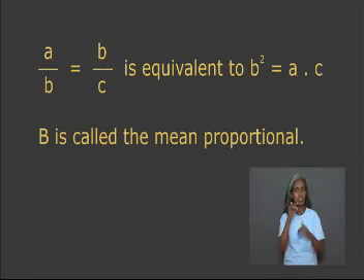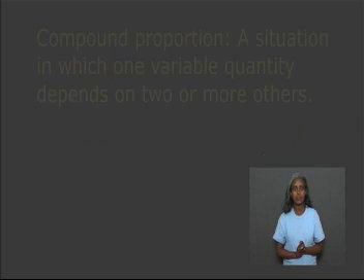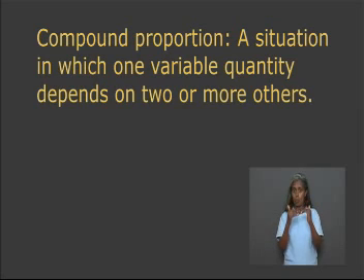Here are three quantities called A, B, and C, which have the proportion of A over B equals B over C. This is equivalent to saying that B squared equals the product of A and C, meaning that B is called the mean proportional between A and C. A compound proportion is a situation in which one variable quantity depends on two or more other variable quantities.